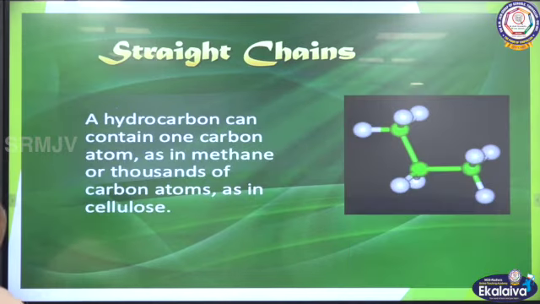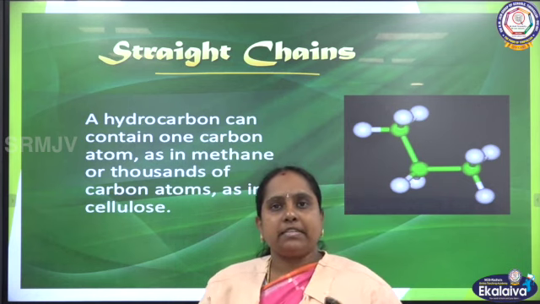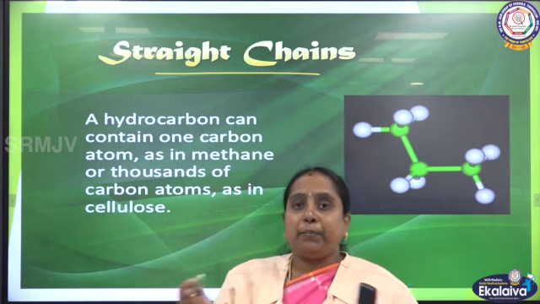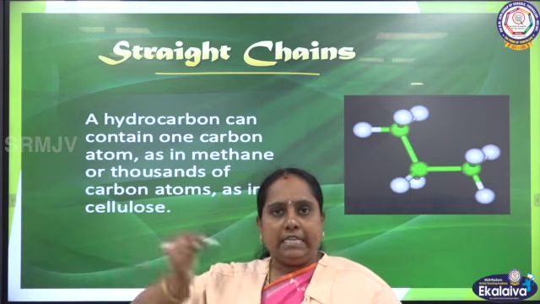Now in alkanes, alkenes and alkynes, there are different structural representations. What are the different structural representations if you ask? The first representation is straight chain, which means that any number of carbon atoms can combine, that means mutually share their electrons, to form a long linear chain.